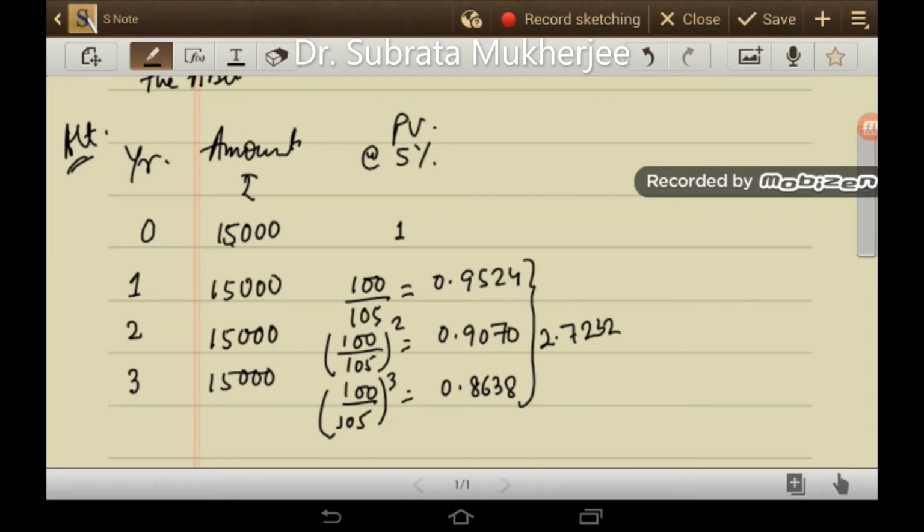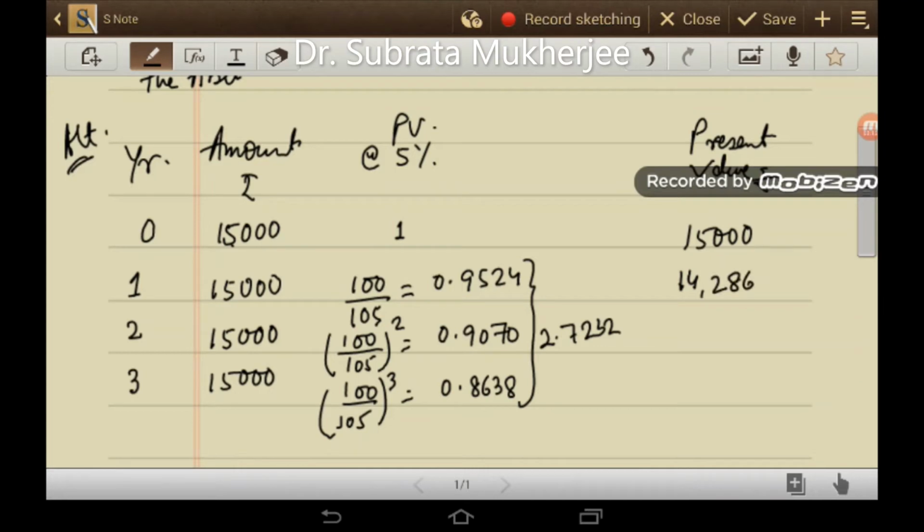So what is the present value? For year 0, this is 15,000. Then you just multiply 15,000 into 0.9524. This will give you 14,286.